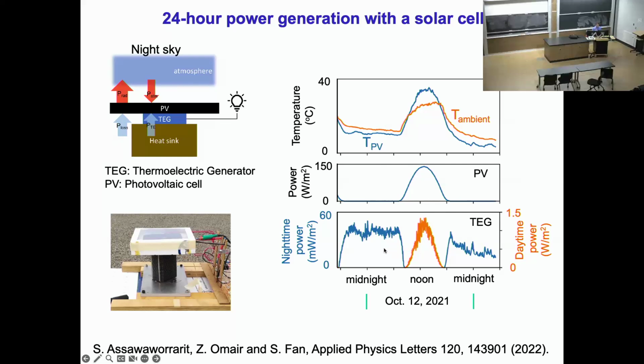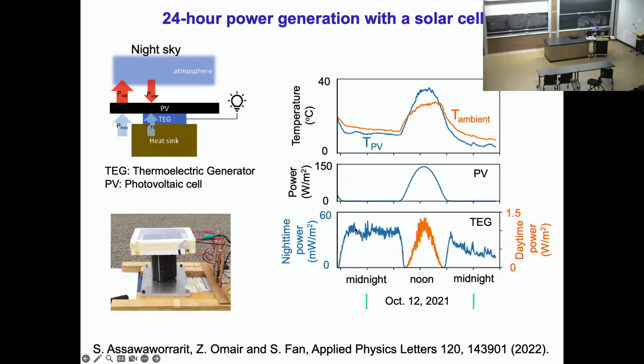Now at nighttime, the photovoltaic panel turns off, but the thermoelectric generator can still generate power. So you could actually use a solar cell in this configuration to produce power 24 hours a day. Now the amount of power you produce at night is quite a bit smaller. This is about 50 milliwatts per meter squared.